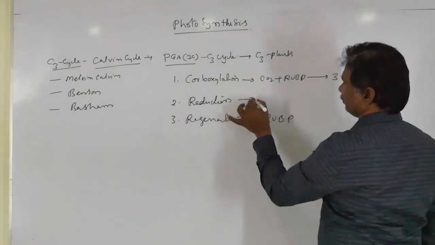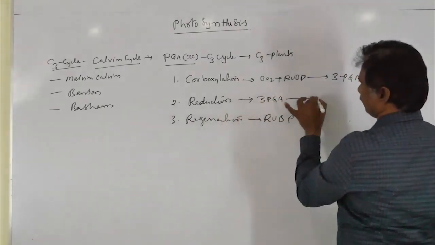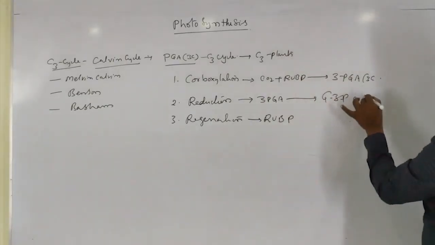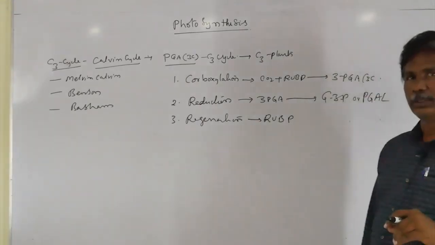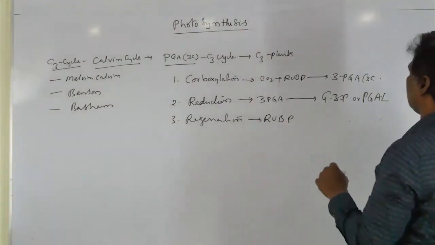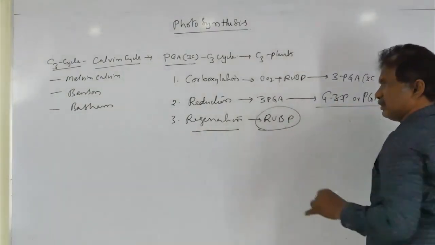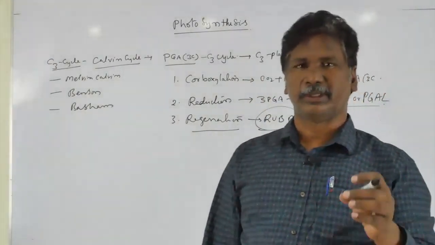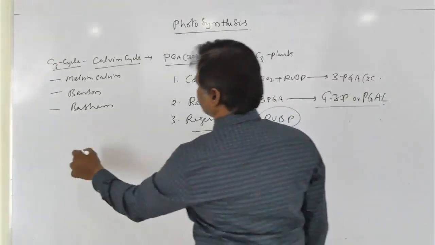In the second step, 3-PGA is converted into G3P, glyceraldehyde 3-phosphate, also called phosphoglyceraldehyde. In the last step, regeneration of RuBP is necessary to accept carbon dioxide from the atmosphere.